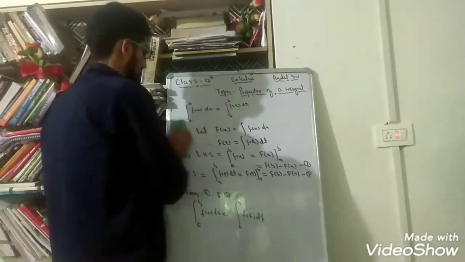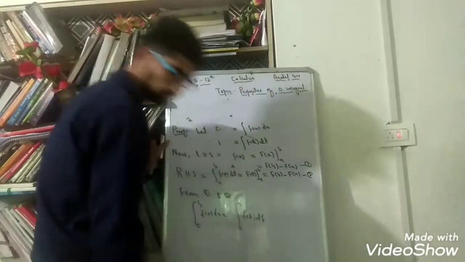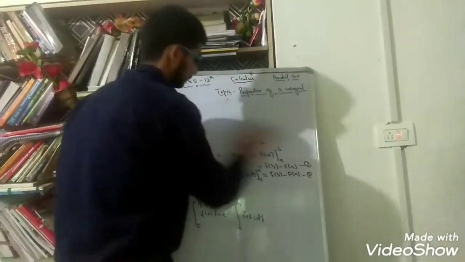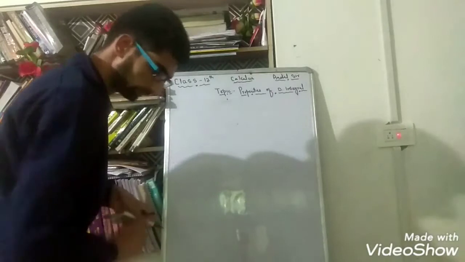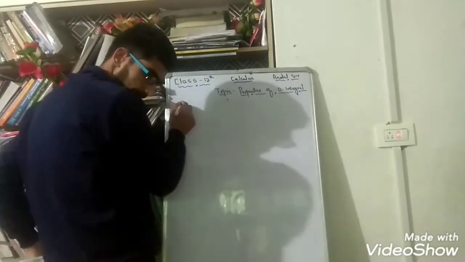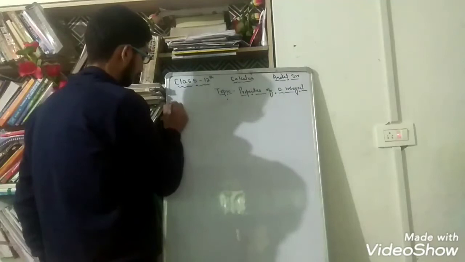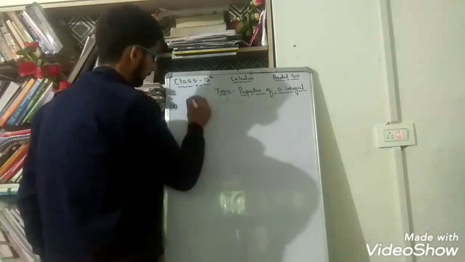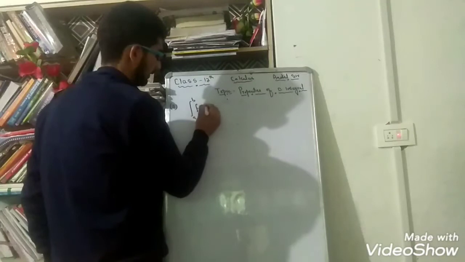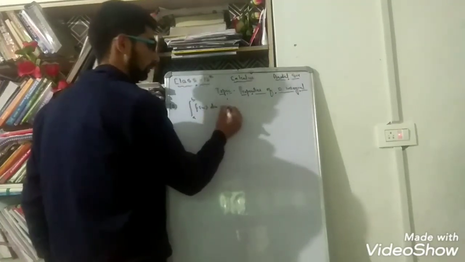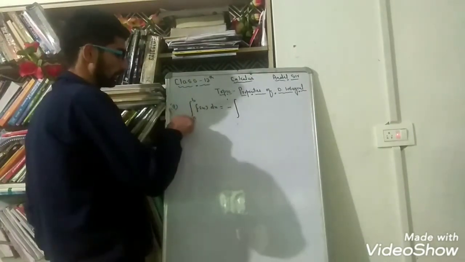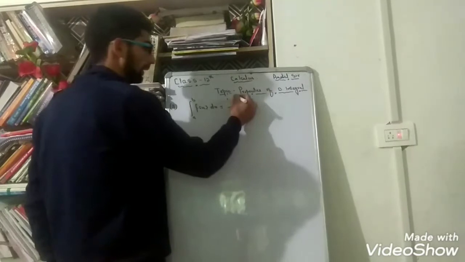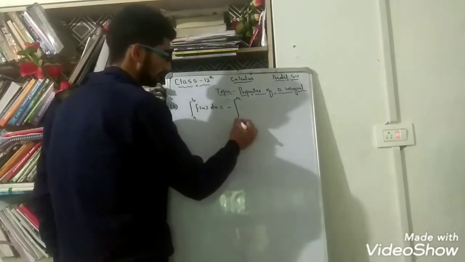Second one. The second property is very important, that is integral of a to b f of x dx is equal to minus times the integral from b to a f of x dx, if we change the limits, the lower limit to upper limit, and the upper limit we take as lower limit.